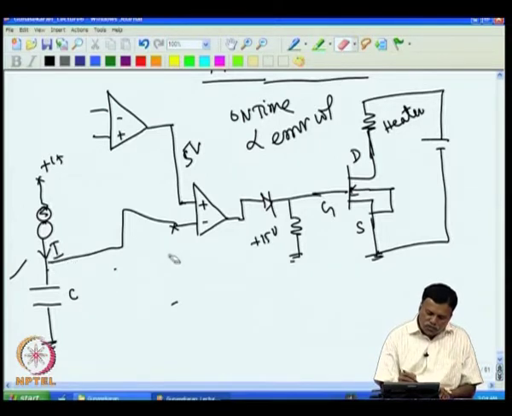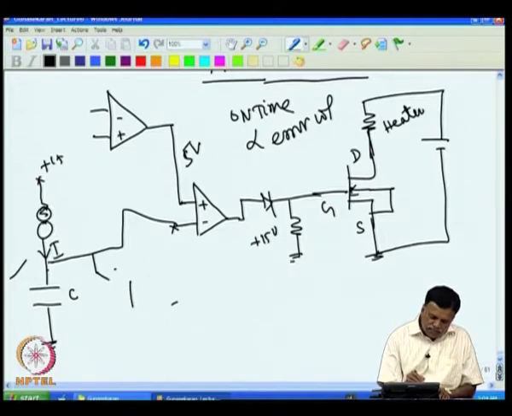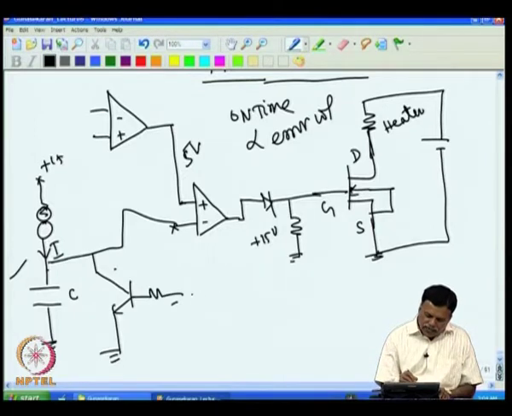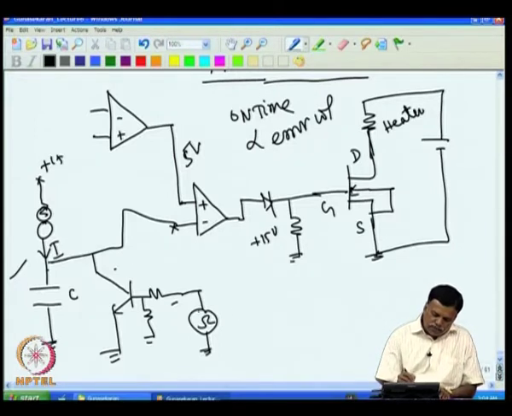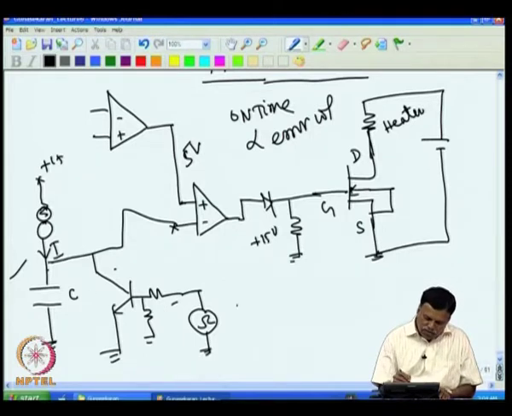I can do this in two ways, even without sensing this. For example, I can have a discharge circuit here, with a square wave generator. When a pulse comes, it will discharge the capacitor quickly.